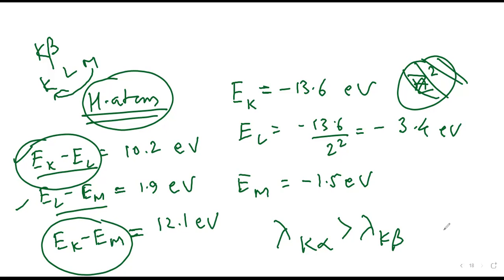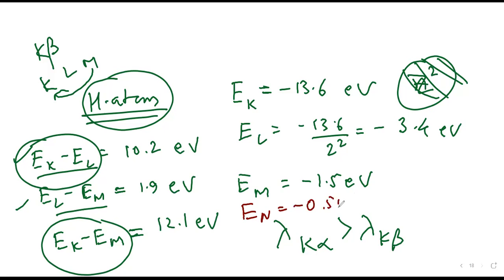So L alpha is EL minus EM, correct? So that's 1.9. Then calculate EN, and it would get smaller and smaller in magnitude.